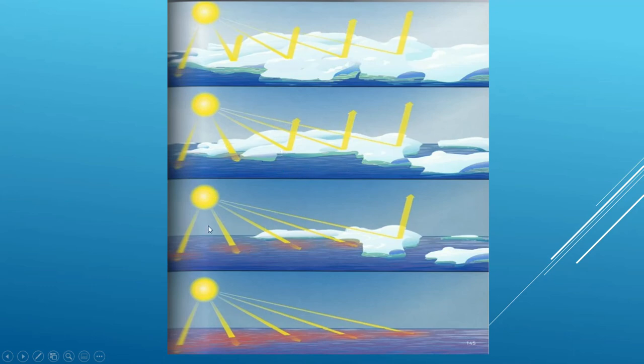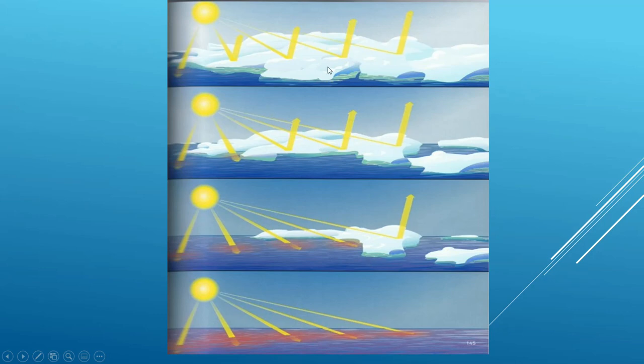Now it's absorbing a lot of energy, and this pinkish, reddish hue is not an algal bloom per se. It could be, but it's to indicate an increase in the water temperature, which will then increase the melt rate.